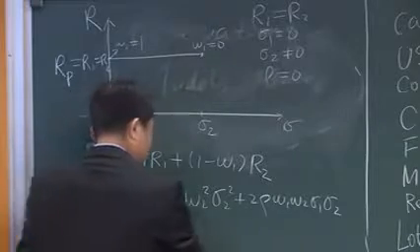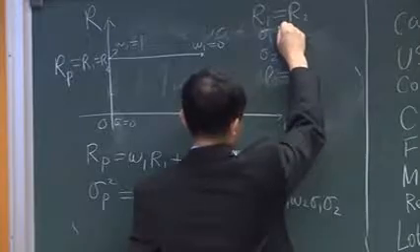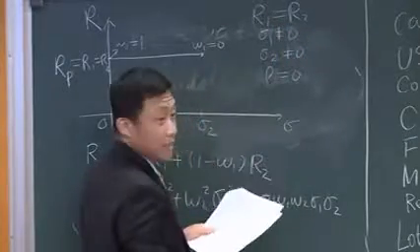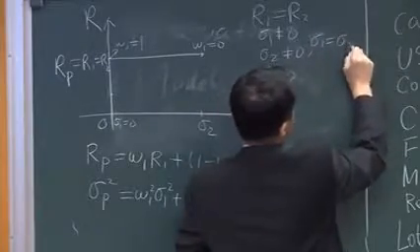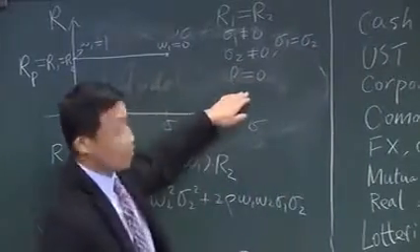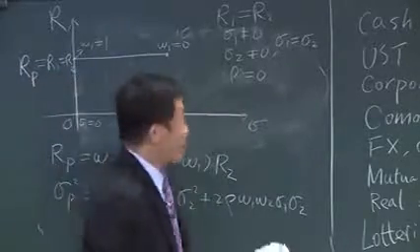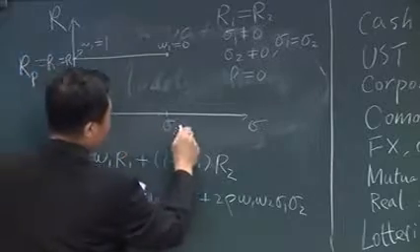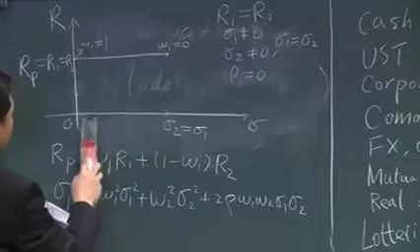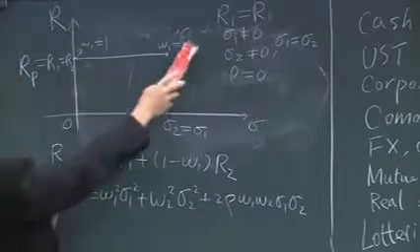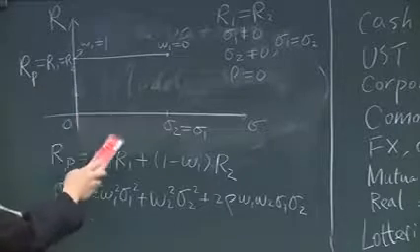So what if sigma 1 also is not 0, but sigma 1 equals sigma 2, and further I impose the correlation to be 0, okay? What does this line look like? So I have sigma 2 equal to sigma 1, and R1 still equal to R2, so RP still equals R1 or R2, right?